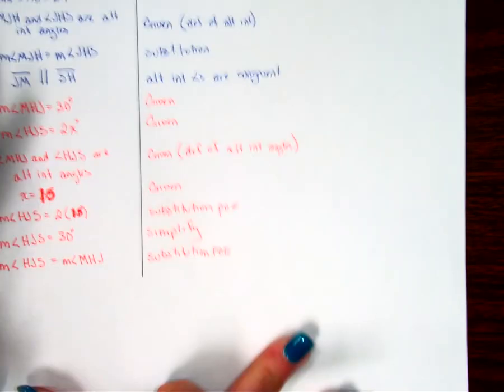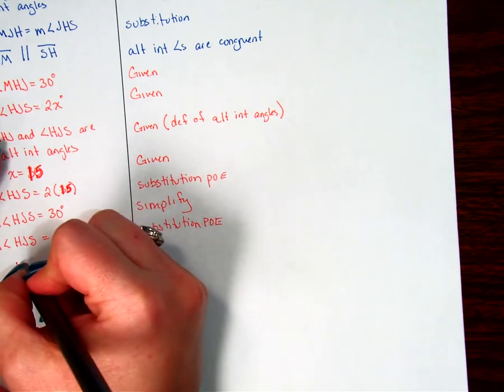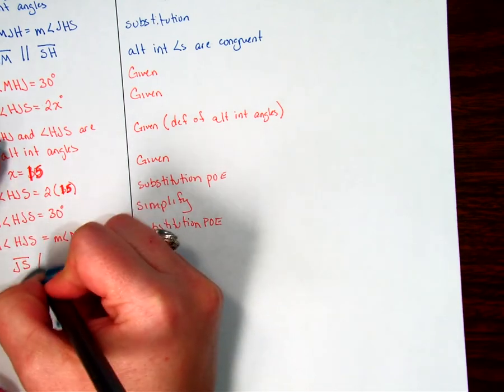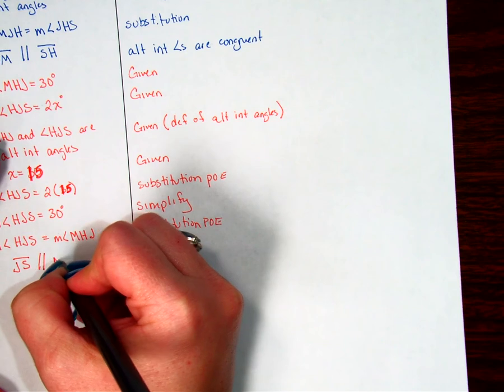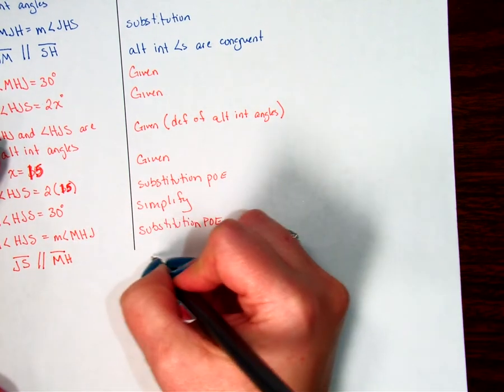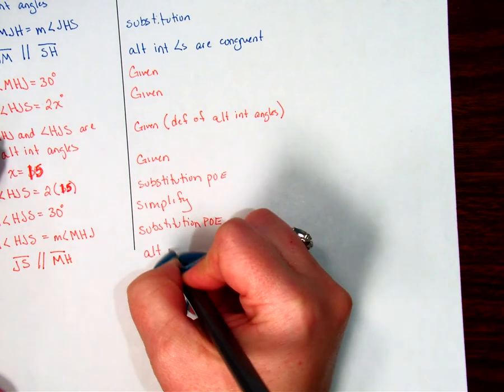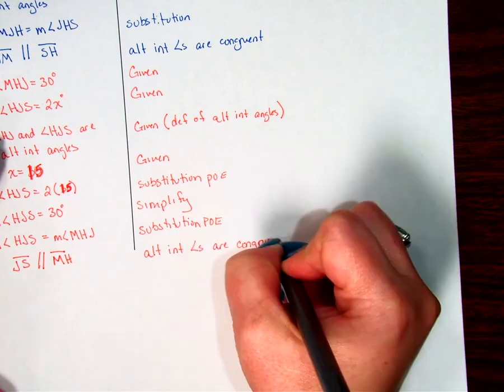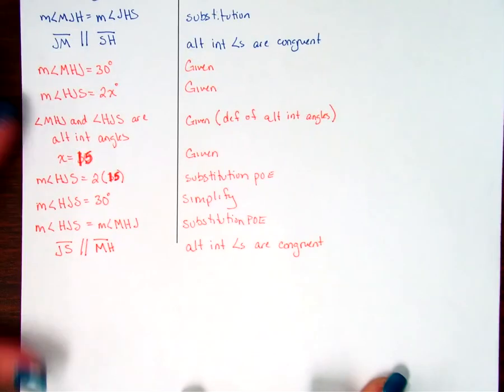JS segment is parallel to MH, and that is using the fact that my alternate interior angles are congruent or equal. Allows me to say that those two sides are parallel.